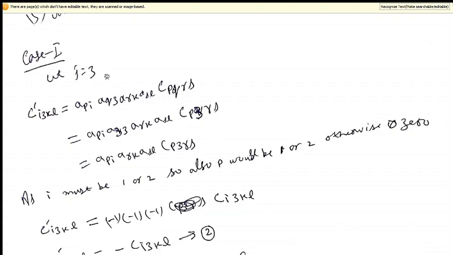You can put i equal to 3, j equal to 3, k equal to 3, or l equal to 3, and the procedure will be the same. I am discussing only one by taking j equal to 3. All others will be discussed according to this procedure, but there is no need to discuss all of them. We can make the result by discussing only one.